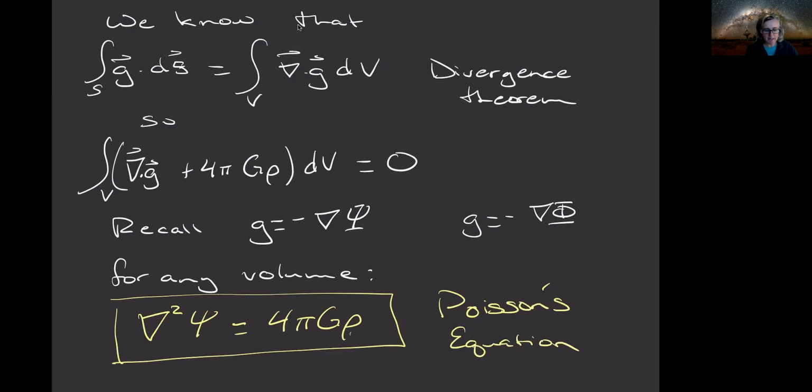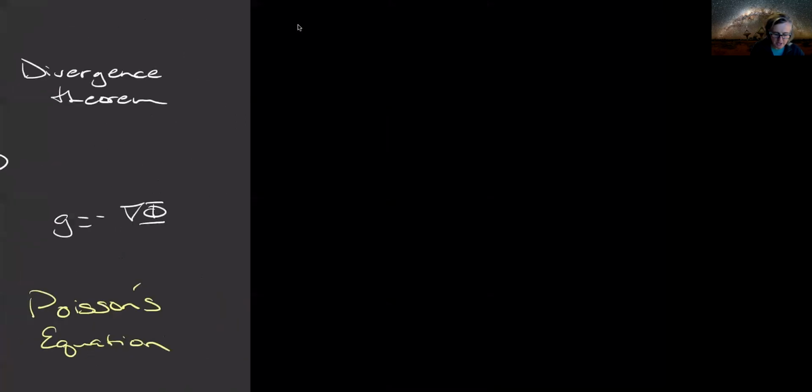Derived fairly simply. Now we're going to put together Poisson's equation with our continuity equation and Euler's equations in order to make the final steps towards understanding our system. So we so far know we have three equations for fluids so far.